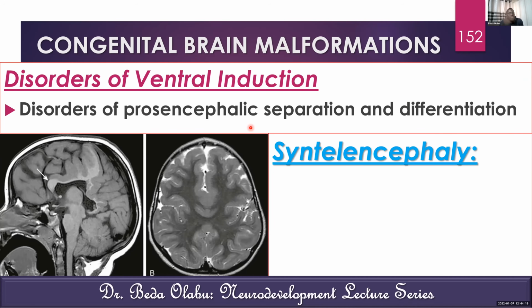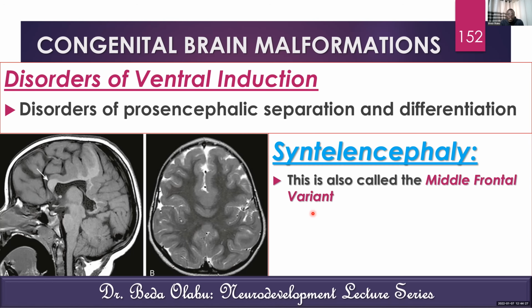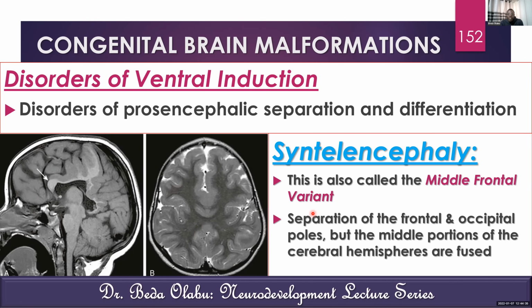Closely related to the holoprosencephaly spectrum is what we call syntelencephaly. Syntelencephaly is also called the middle interhemispheric variant. The main issue with this anomaly is that, yes, there is separation of the frontal and occipital aspects of the forebrain.